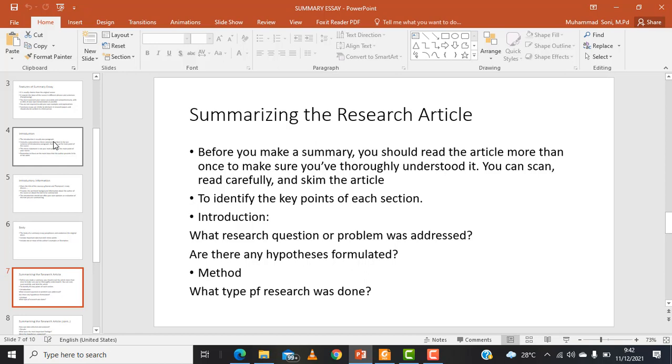And then the second is the abstract. An abstract gives a summary of the content of the whole scientific article. And the third one is the introduction.